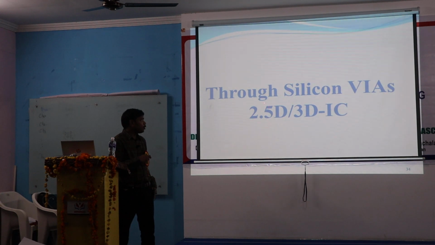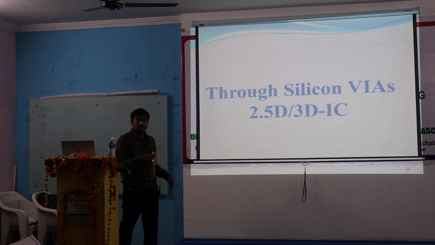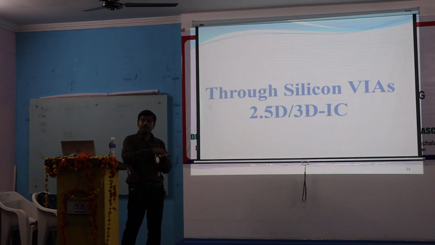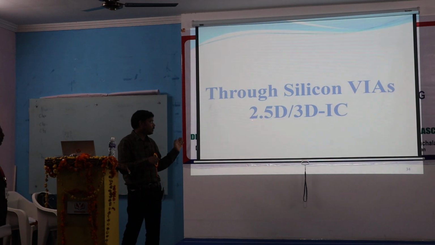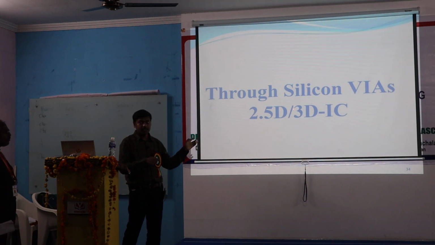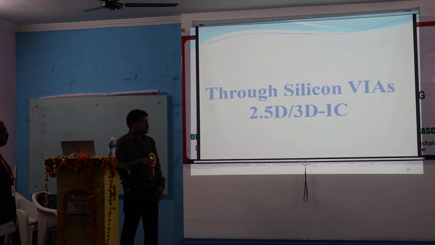Why did they give it 2.5? Because it is not a planar one and it is not a 3D. It is in between. It is not just 2D, it is not full 3D, so that's why it is called 2.5.